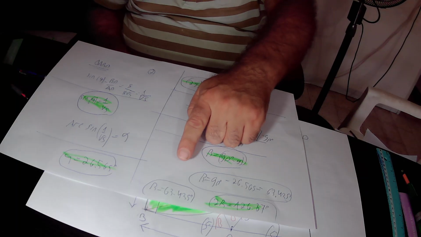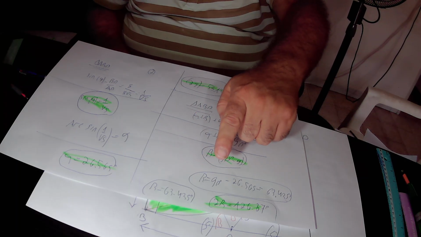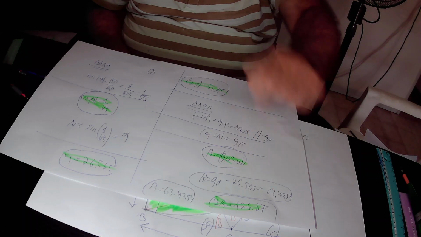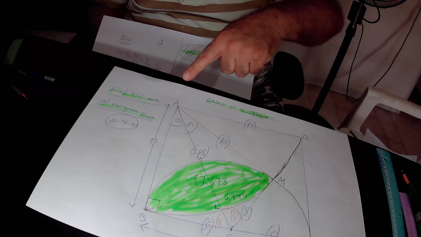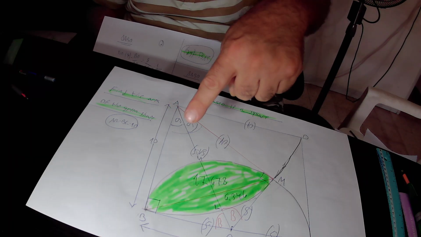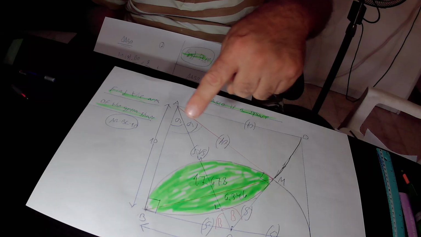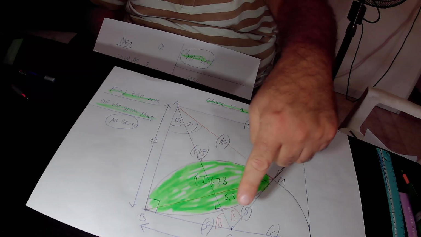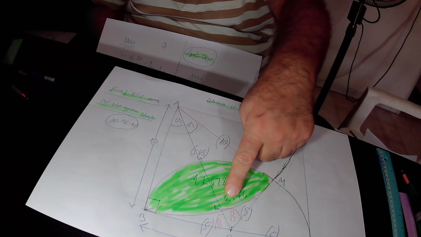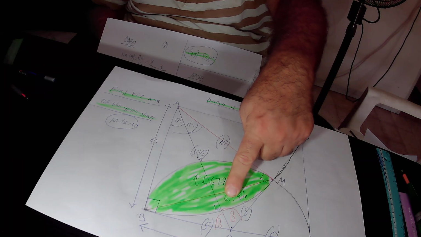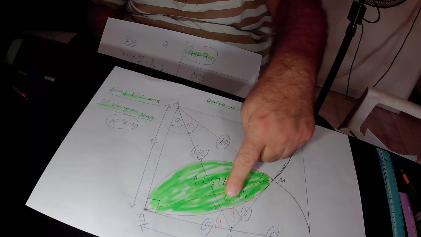Therefore, 2 beta equals 2 times 63.435, that is 126.87 degrees. So this is angle BOM, angle BOM equals 2 beta, and 2 beta equals 126.87 degrees in its size.